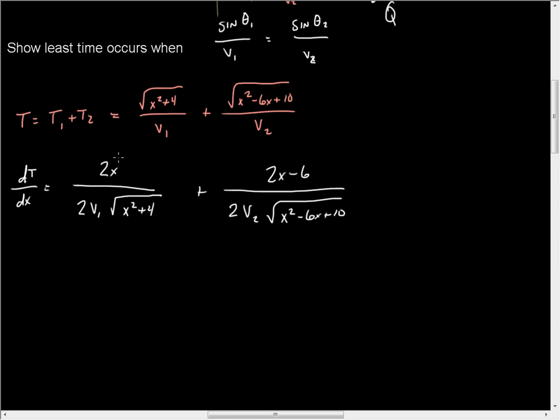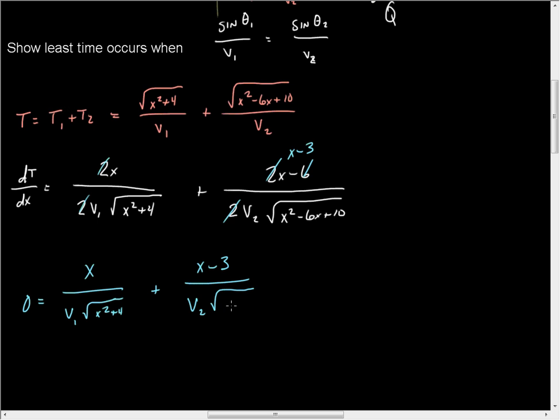Canceling things out that we can, we notice that this cancels to x minus 3, and that takes the 2 out of there. And so we get 0 is equal to x divided by v1 root x squared plus 4 plus x minus 3 over v2 times the square root of x squared minus 6x plus 10.